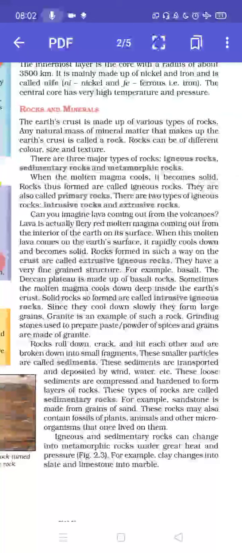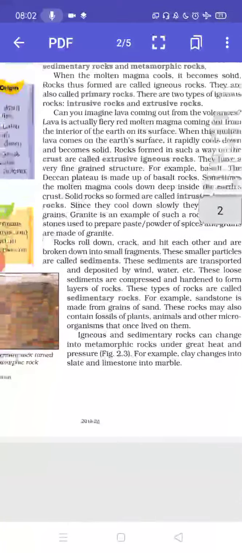Like when you keep flowers and leaves in your notebook, and after a few months you see that it is pressed. In the same way these animals and plants are pressed, and that is known as a fossil. Igneous and sedimentary rocks can change into metamorphic rock under great heat and pressure. For example, clay changes into slate and limestone into marble.